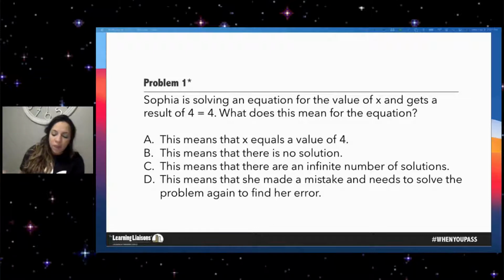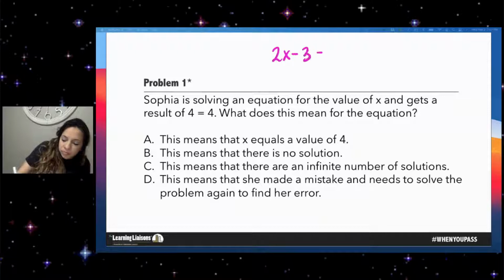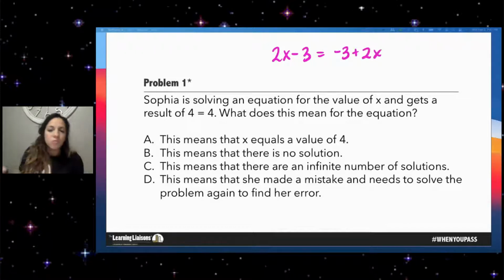So if she's solving a problem and she gets 4 equals 4, the problem could look something like this. We'll start there. This is a very simple version.